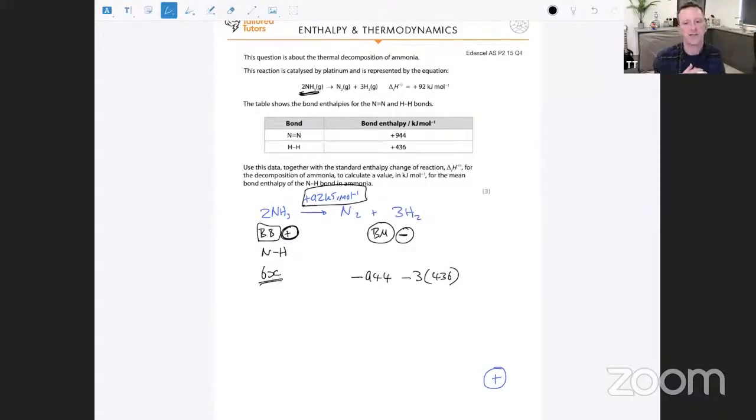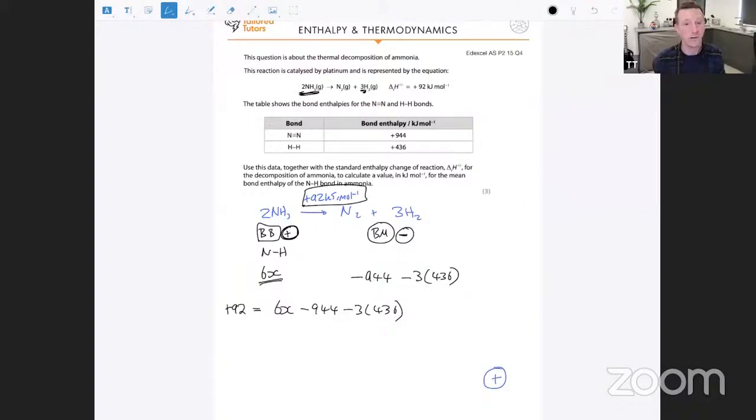Again I've used the balancing and flipped the sign, because we're bond making and energy is being released. So what we can say is that plus 92 equals 6x minus 944 minus 3 times 436.